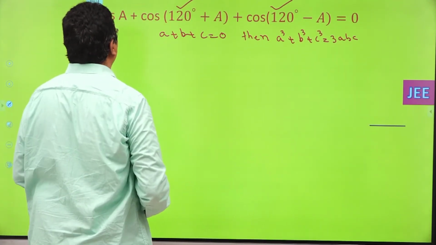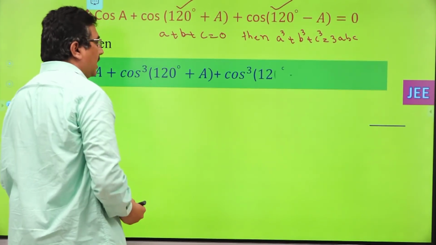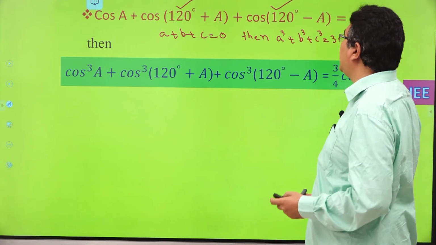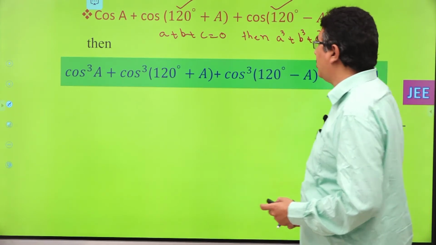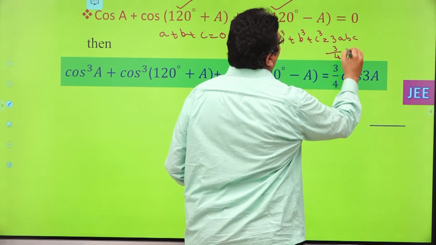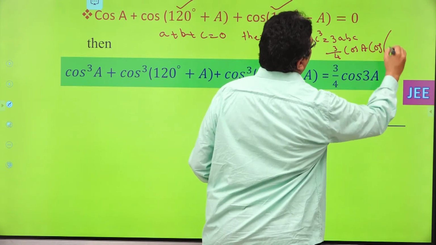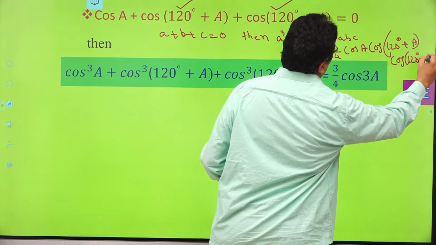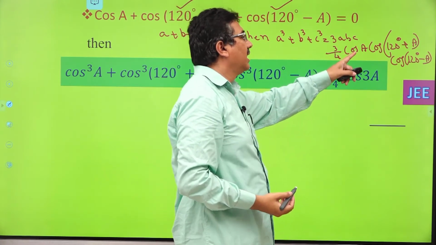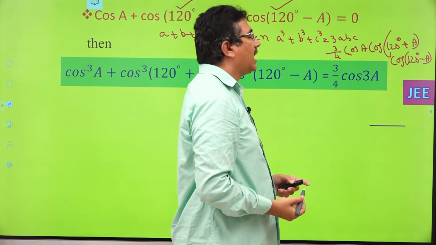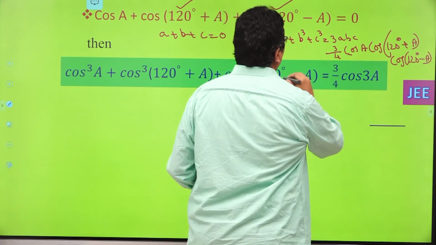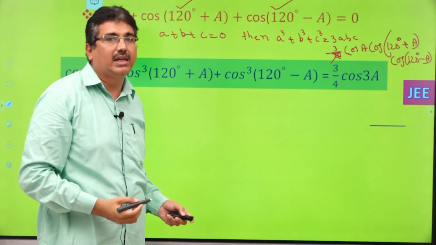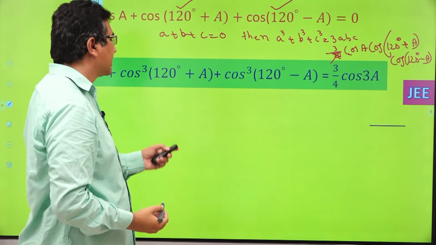By applying this formula, we get cos cube A plus cos cube 120 plus A plus cos cube 120 minus A, that is equal to 3 times cos A, cos 120 degrees plus A, cos 120 degrees minus A. Now one of the results is that the product is equal to 1 by 4 cos 3A. So 3 times this is finally equal to 3 by 4 cos 3A.